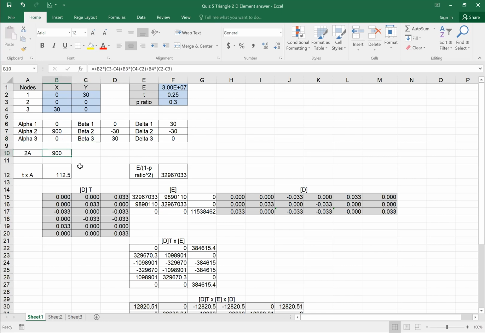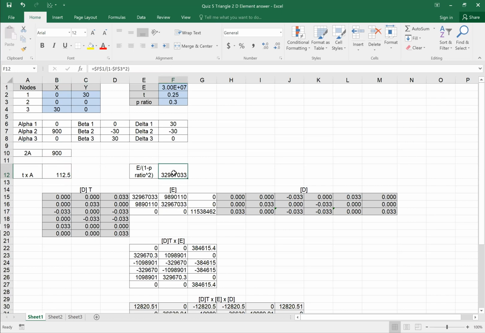Right here is 2A. In this case, the area is positive. Depending on how you name the coordinates, the 2A can be negative. But when you calculate the constant, t times A, you pick the absolute value for area. When you do the shape functions, sometimes you have a negative 2A.